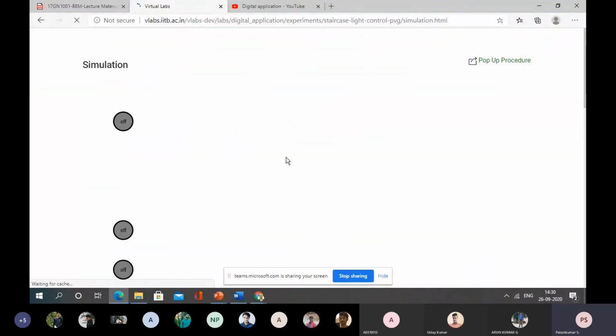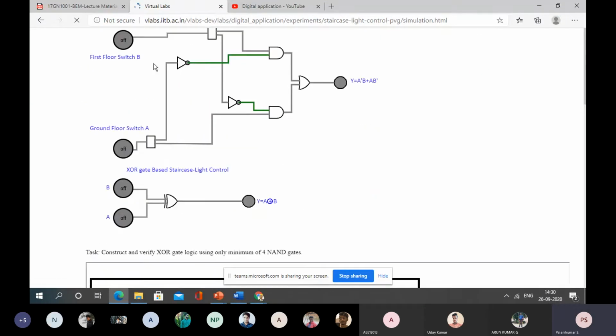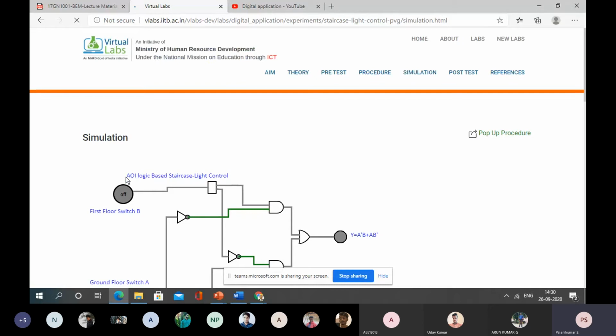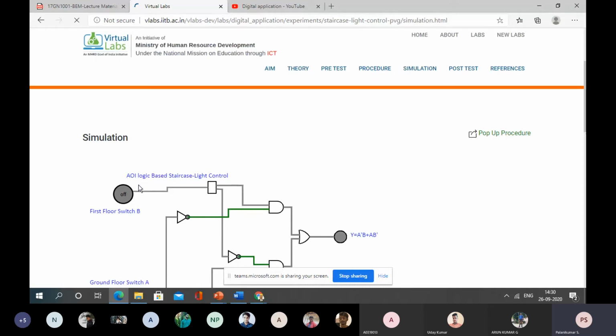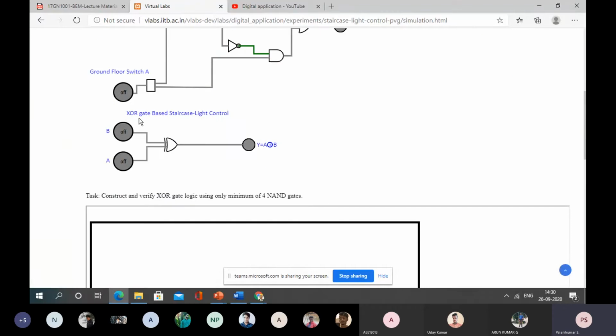If you press the simulation, this is the circuit you have to construct. The first circuit they have given is for the AOI logic, the AND, OR, invert logic based staircase light control. The second one is the XOR gate.